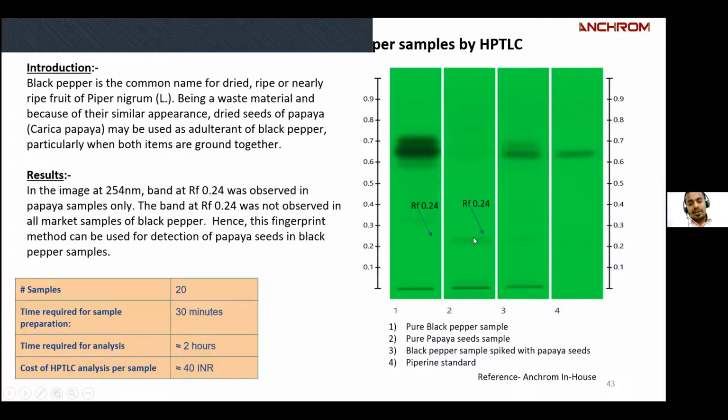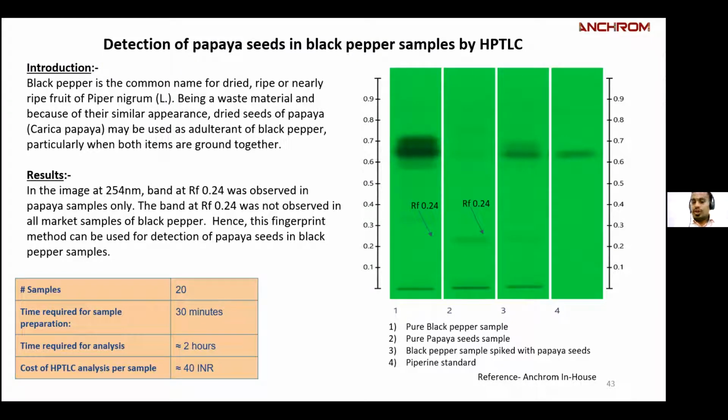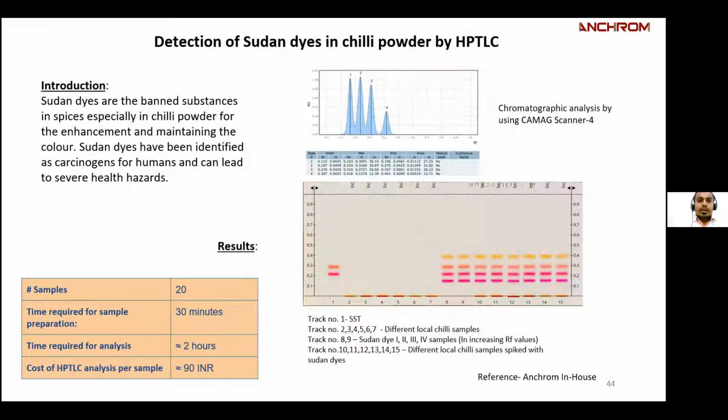This band is specific for papaya seeds. When you detect this band in black pepper, that means it is adulterated with papaya seed. After the identification, you can go for the quantification. Detection of Sudan dyes in chili powder.